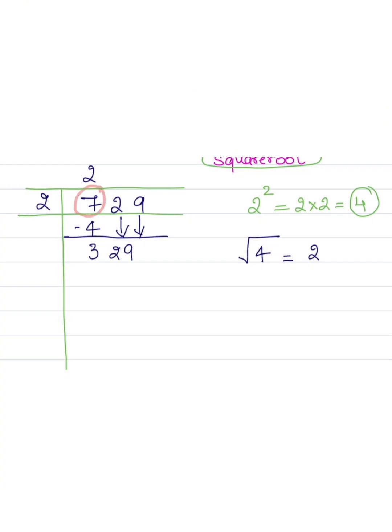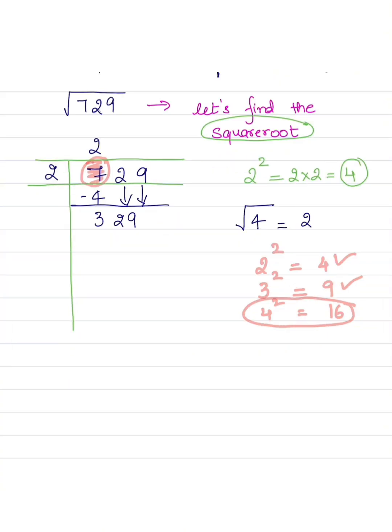It is because when you look at the squares, you get a 1 digit number as an answer until you reach 4 squared, which is 16. So we still have a possibility of single digit perfect squares, and that's why we are allowed to only work on a single number for the first digit.